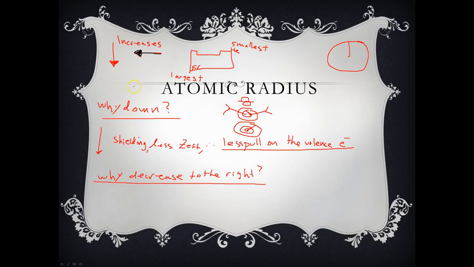So why does it decrease to the right? It decreases to the right because as we move to the right, we have an increasing number of protons, which increases charge, which increases the pull.